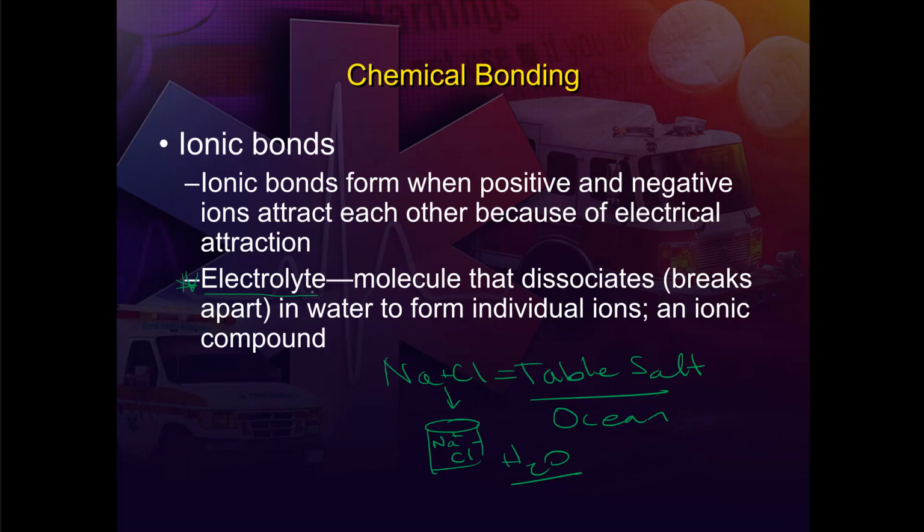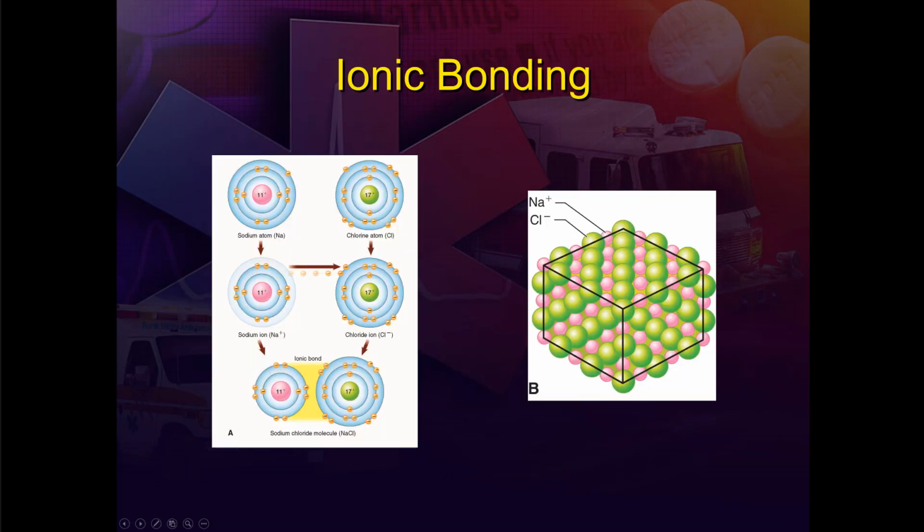So electrolytes, when given, dissociate. That means that if we need sodium and we give somebody sodium chloride, also known as normal saline, when we give them that drug, truly what it is, that IV solution, once it enters the bloodstream, sodium and chloride are separated and become available for use as independent elements.